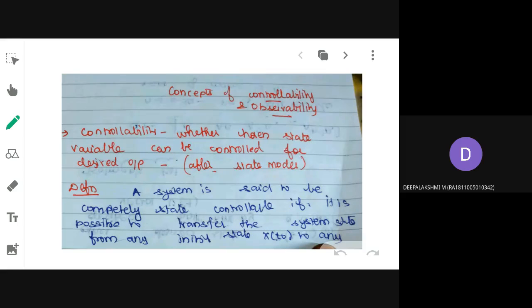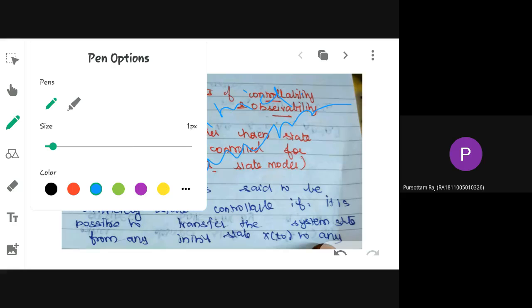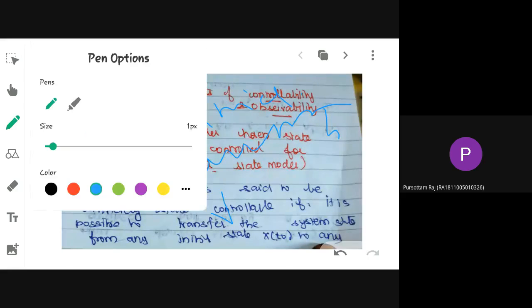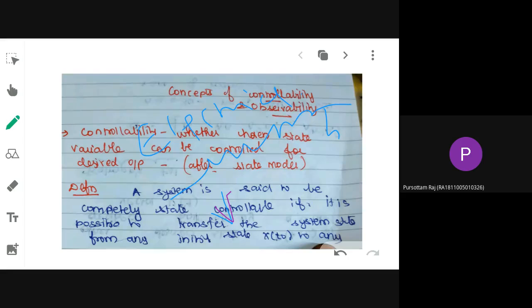There are two ways in which you can choose the state variables. Suppose it is an electrical system, RLC circuits were given. How did you choose state variables there? We have chosen V and I parameters to be state variables.